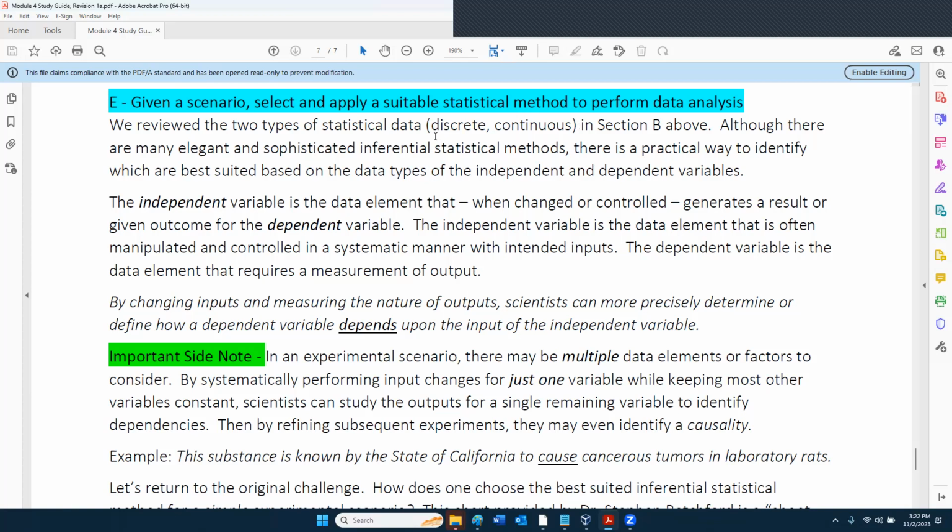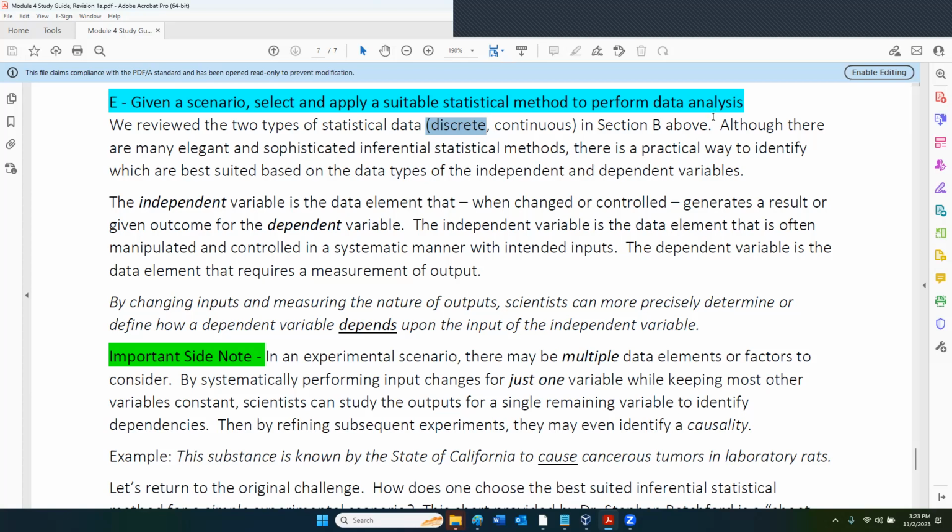But if the data elements that we're capturing are more like categories, they're well-defined choices, that's called discrete data. Everybody remembers this, right? Two kinds of statistical data. And it's easy to get confused at first, but we went through some examples, and there's a recording of that.